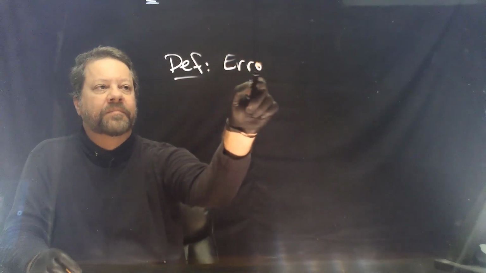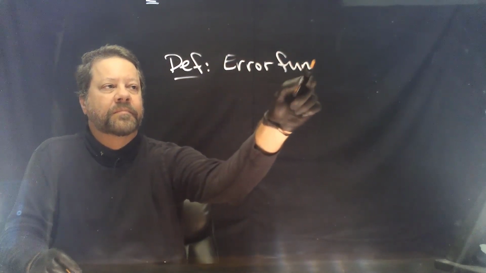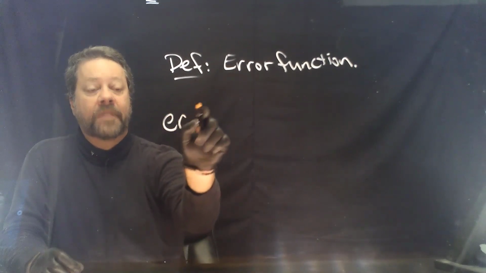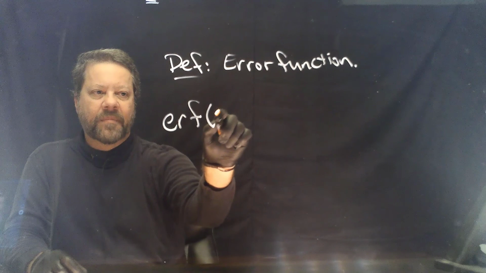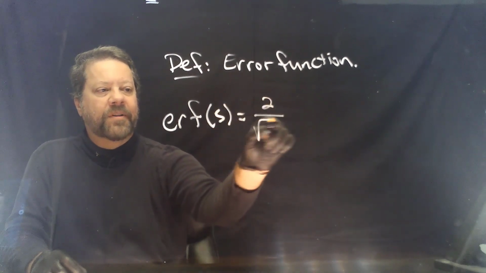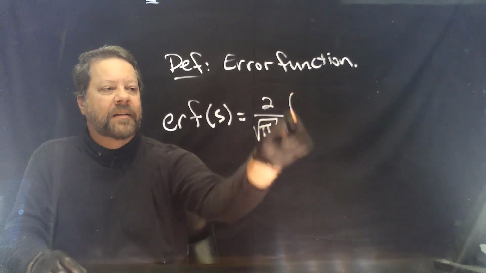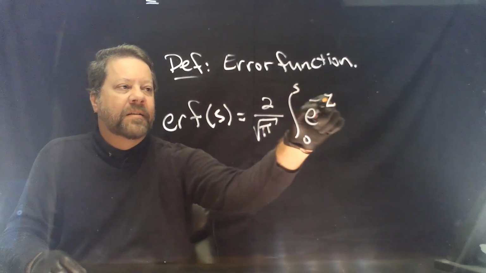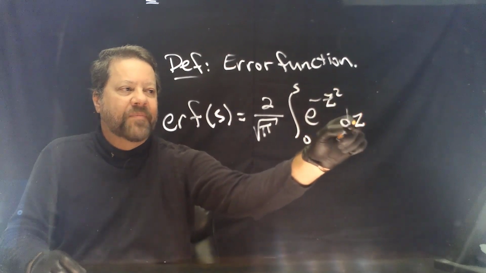We're going to define the error function, which has the notation erf of s. It's going to be 2 divided by the square root of pi, integral from 0 to s, e to the minus z squared dz.